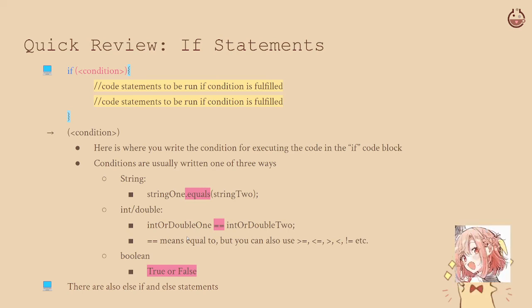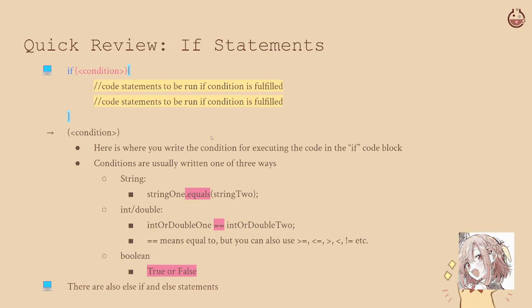And finally, there's Boolean. If you want to assign a Boolean variable true or false and just always make it run, you can do it like this, or you can just say if true and it'll just run.